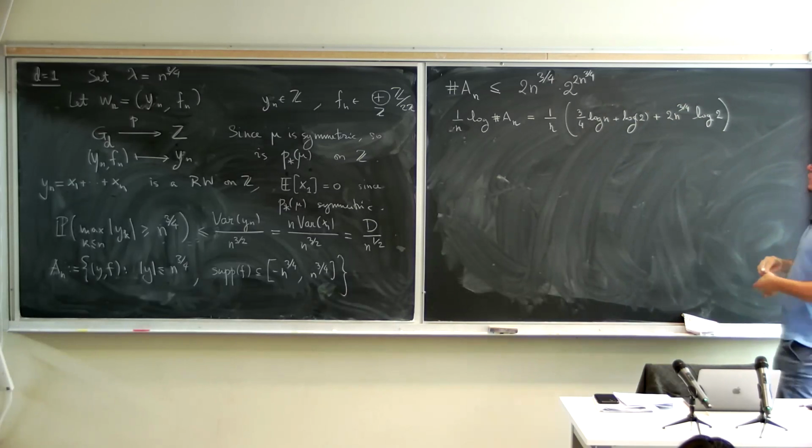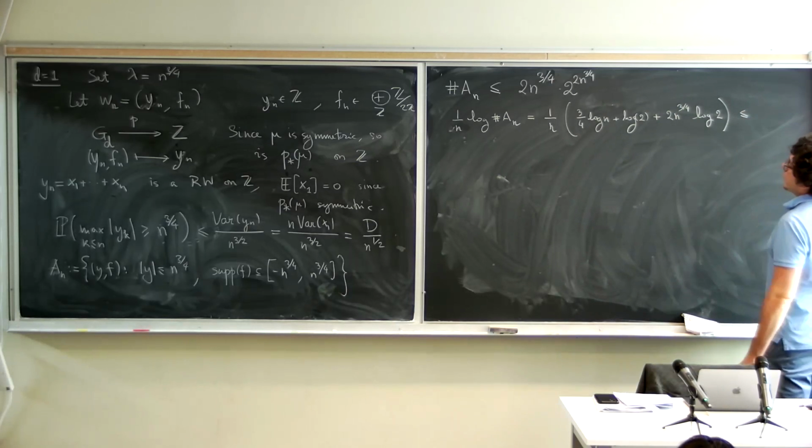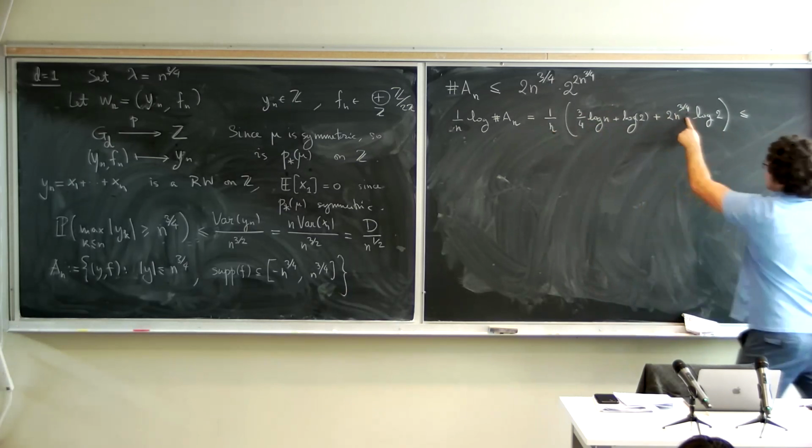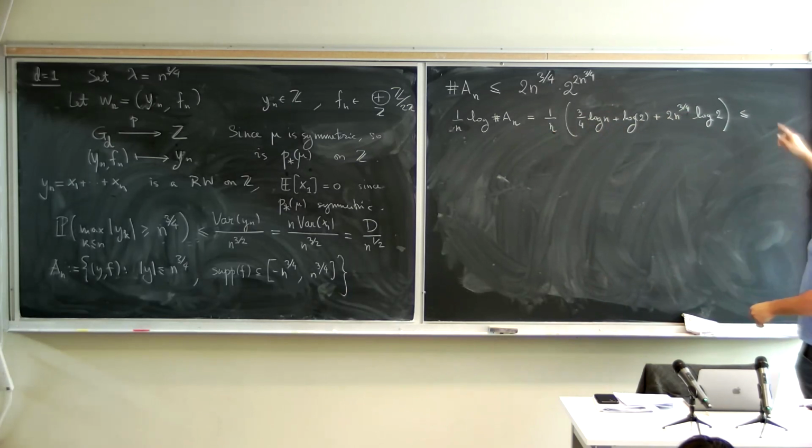So what matters is that this is upper bounded by, since this is n and n to the 3/4, basically it's n to the 1/4 in the denominator.